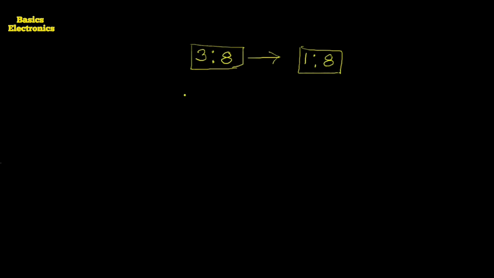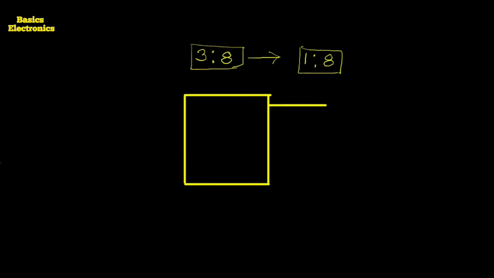In that, there are 8 output lines and 3 select inputs. The output lines are Y0 up to the last one, Y7.